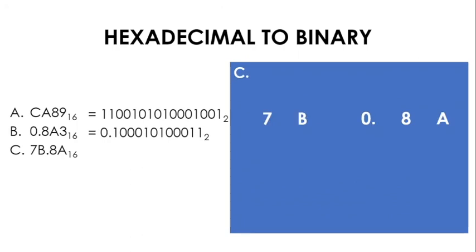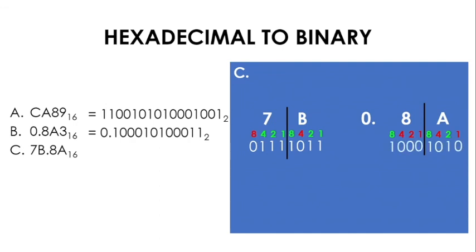For the next example, we'll just have to combine the previous processes we did. So for the whole number part of the hexadecimal number, we'll group it into 4, and we will use the equivalent for each bit 1, 2, 4, 8 respectively from right to left.